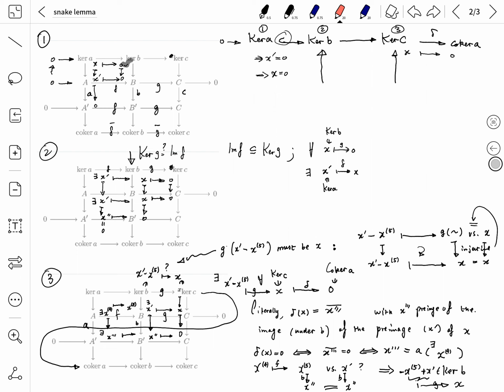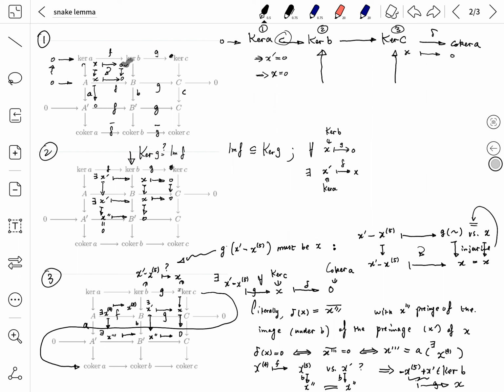How do we do that? If x is mapped to 0, then you look at this image under this inclusion. I would like to still call it x, not x prime. Then this x, by the commutative diagram, is still mapped to 0 under f. Right?